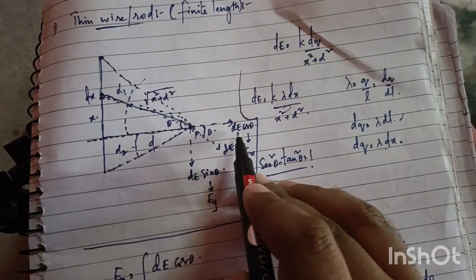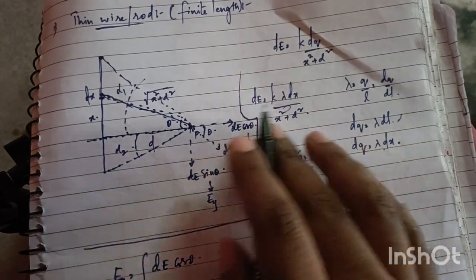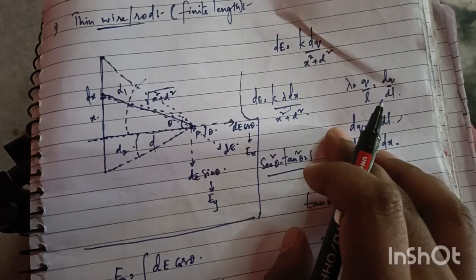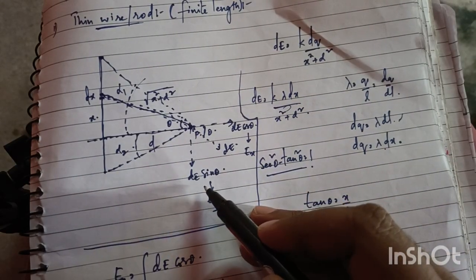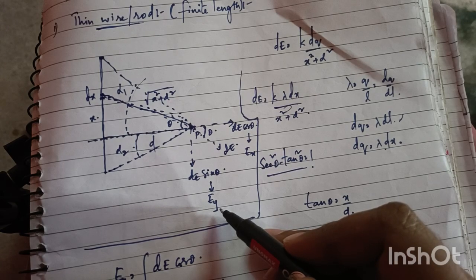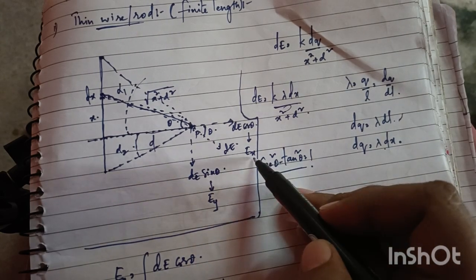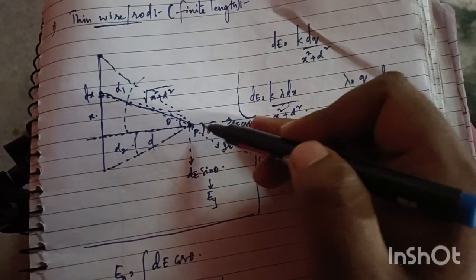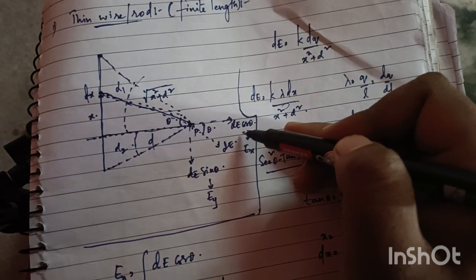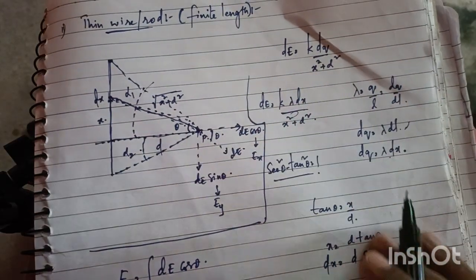Since I arbitrarily took the direction away from the rod as the x direction, I denoted it with Ex, and since this is in the downward y direction, I took it as Ey. So to get the total Ex due to the whole wire at this point, I should integrate this component, dE cos theta.